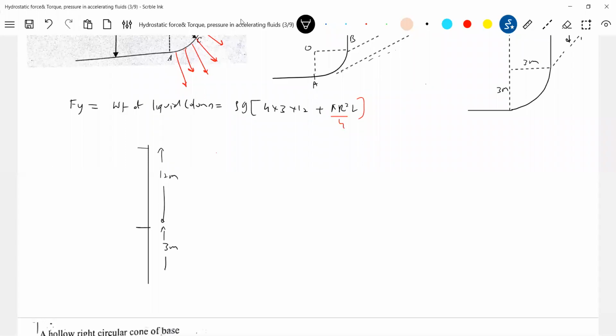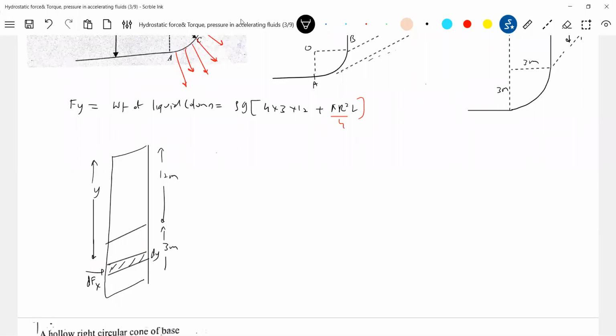Let me assume a strip. At a distance y, the strip thickness is dy, and let the force be dF here.